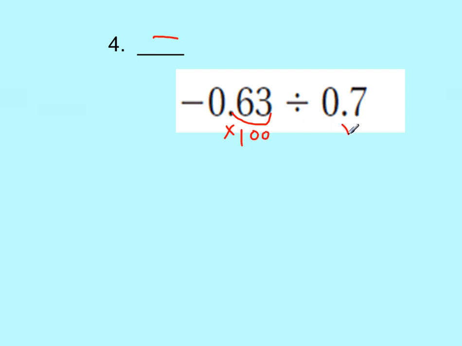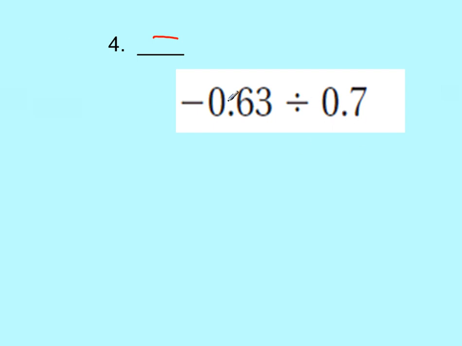But what you really want to do is mainly focus on the divisor, the number that you're dividing by. Let me show you what I mean by that. We really want to focus on that and make this a whole number. This can stay as a decimal.